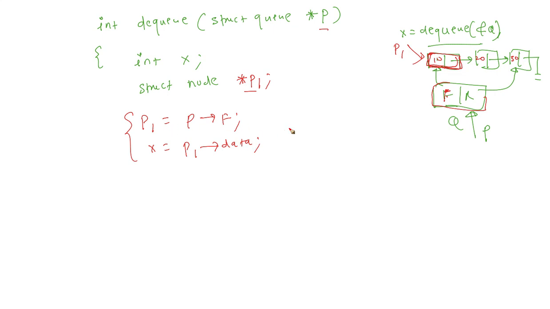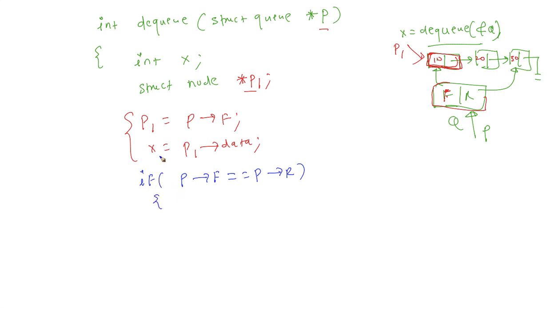Then I should check whether the node which I'm going to delete is the only node in the queue or there are many nodes in the queue, right? So I'll check that by saying if P arrow F equal to P arrow R. That means if F and R are the same, they are pointing to the same node, the node which I'm going to delete is the only node.